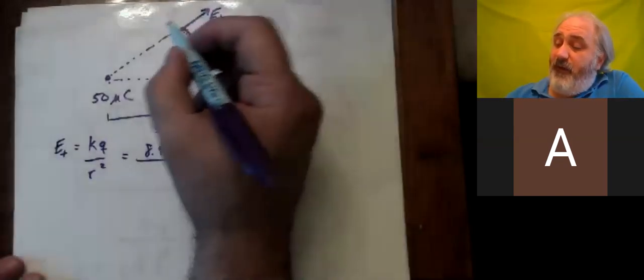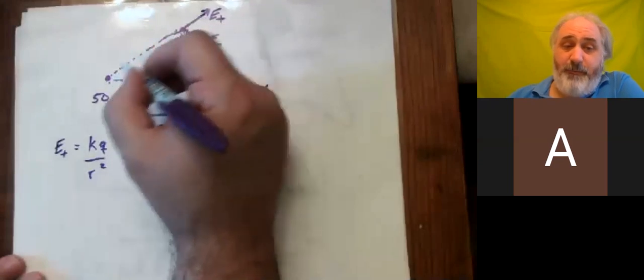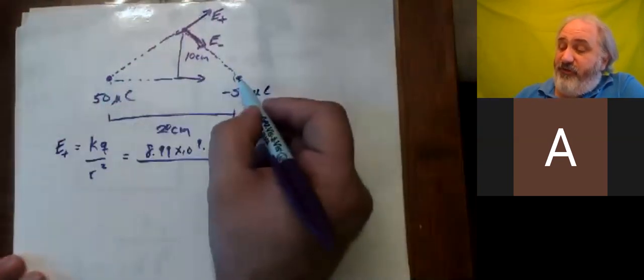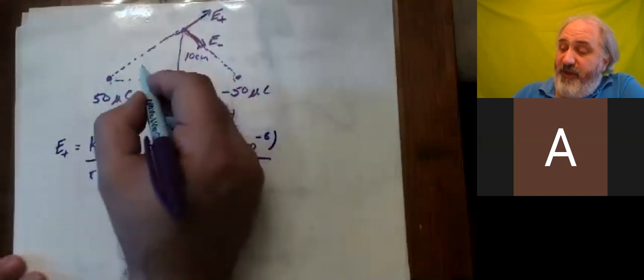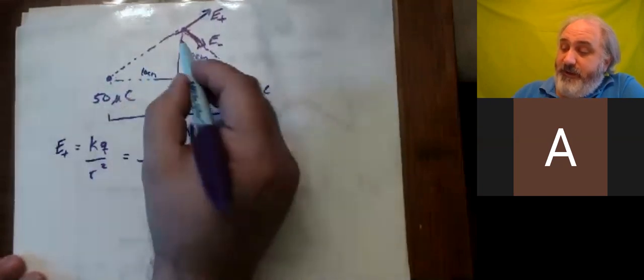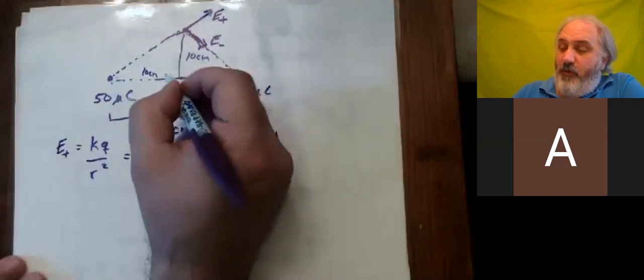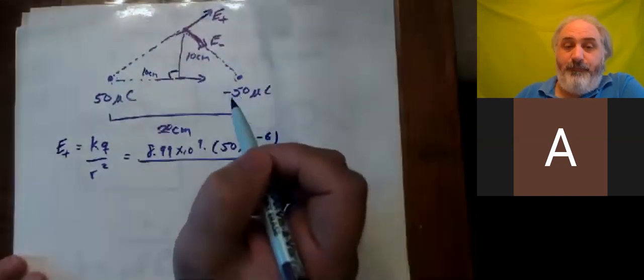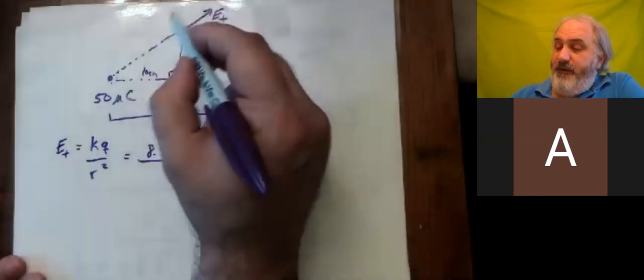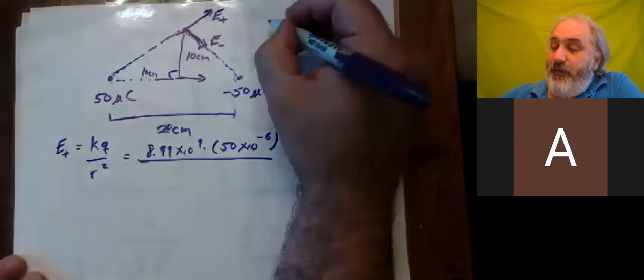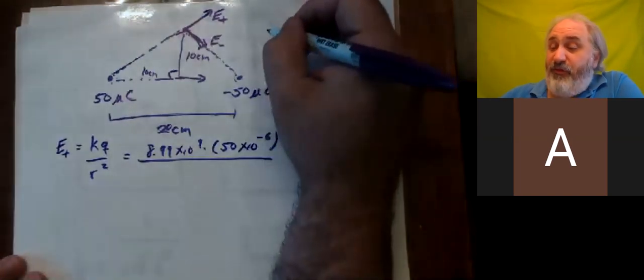So look, R is this distance right here. Now, I know from here to here is 20 centimeters, which means from here to here was 10. From here to here is 10. So I've got a right triangle, because that right there is a right angle. And it's 10 on this side, 10 on this side. So this is the hypotenuse of an isosceles triangle. So it's going to be a squared plus b squared equals c squared.